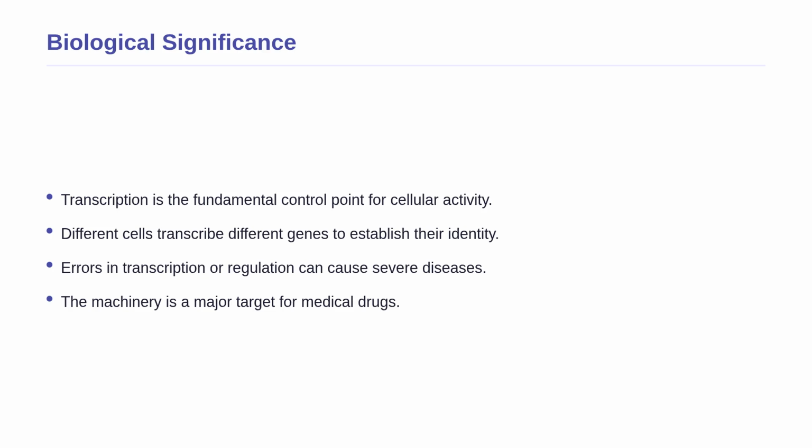Before we look at the mathematics of this process, we must understand why transcription is so vital. Transcription is the fundamental control point for all cellular activity, development, and identity. Every single cell in your body contains the exact same DNA, yet a beating heart cell acts completely differently from a thinking brain cell.